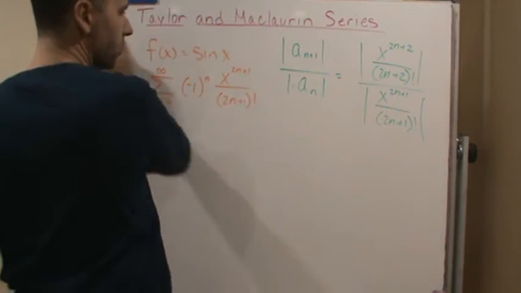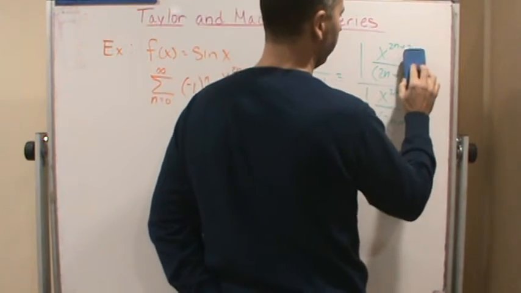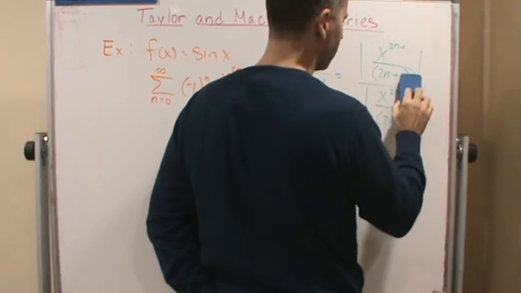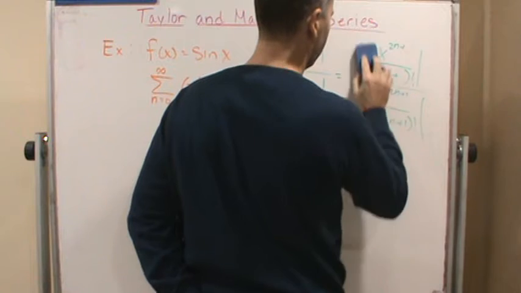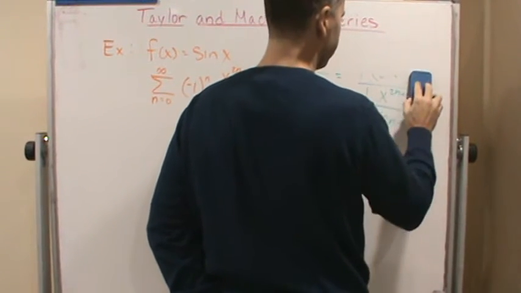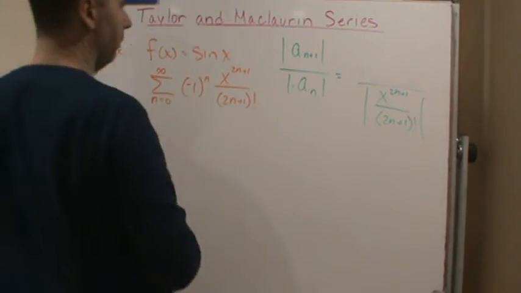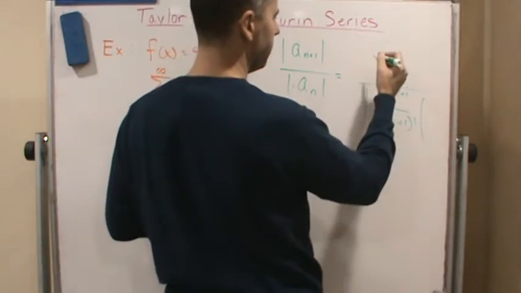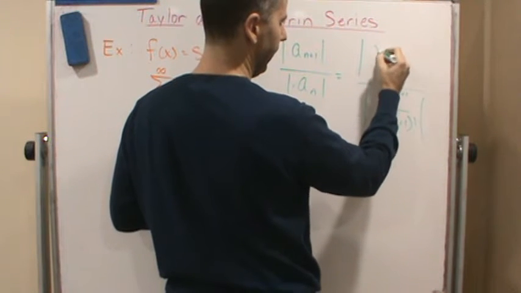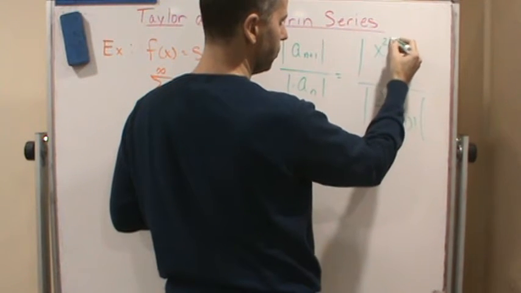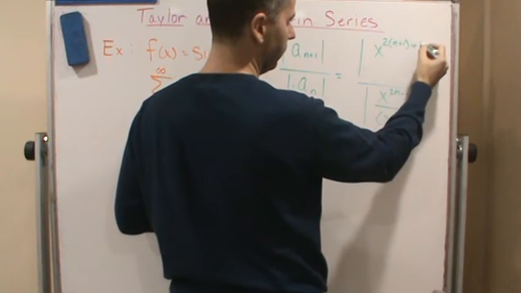Hold up, it's n plus 1. I put my 1 in the wrong spot. Let me just rewrite this so you guys can see it better, because I goofed. So this is the absolute value of x to the 2 times n plus 1 plus 1.